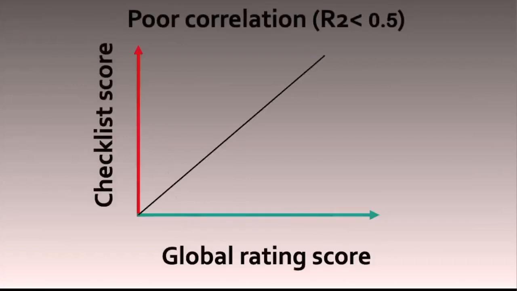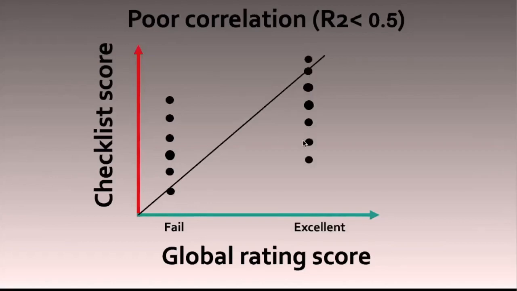A poor correlation, which is less than 0.5, means that, contrary to the other example, here we can see that some of the students performed rather well on the checklist score, but failed on the global rating score. Also, there's a wide distribution of the students' marks across the checklist score.